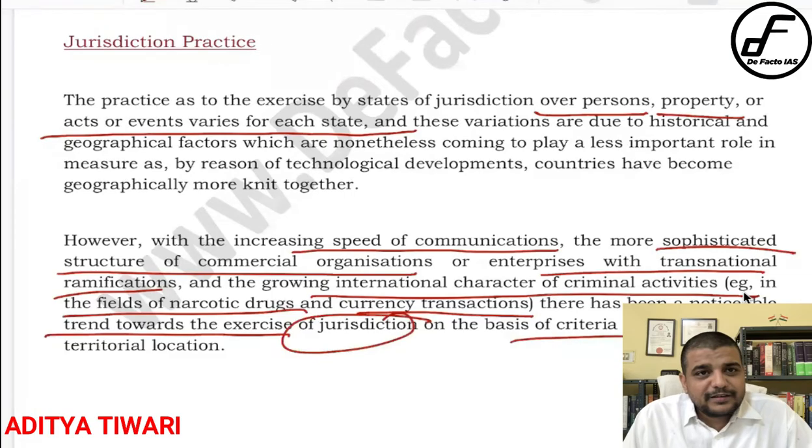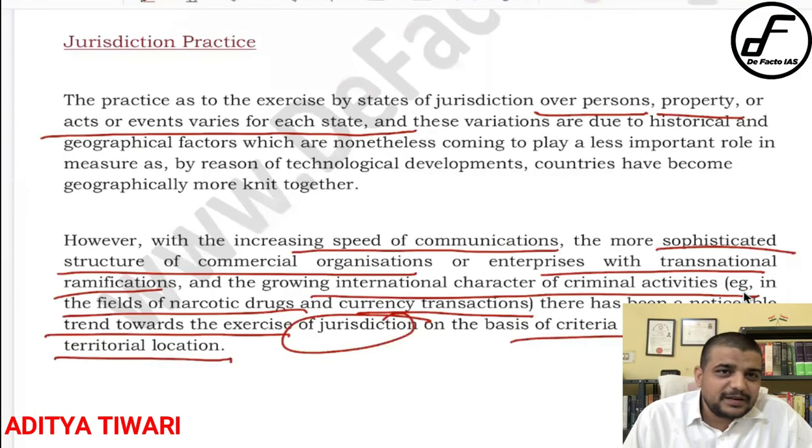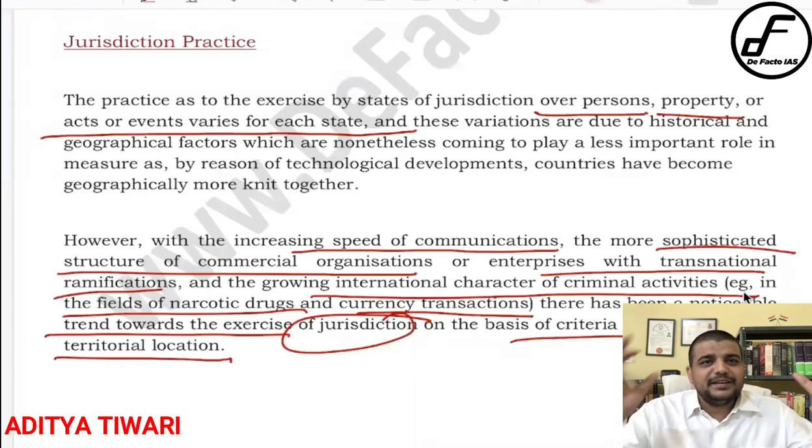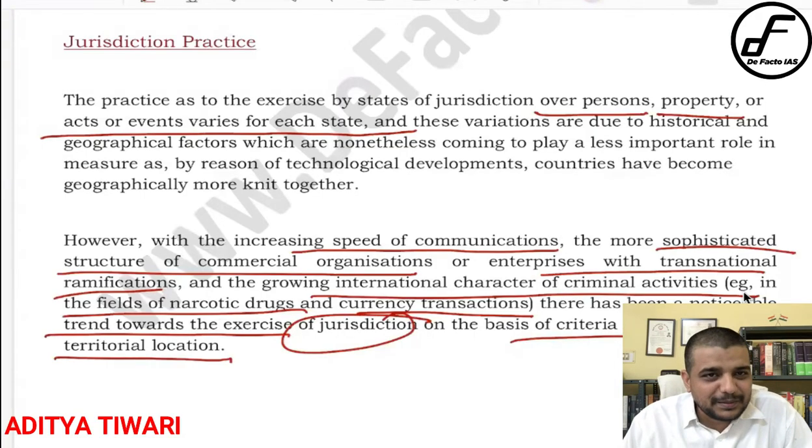So actually this paragraph explains the limit of territorial jurisdiction. If you only look at territory-wise jurisdiction, these things cannot be handled, because there is a huge act and a certain part of that act is done in each and every territory. That obviously creates a problem.